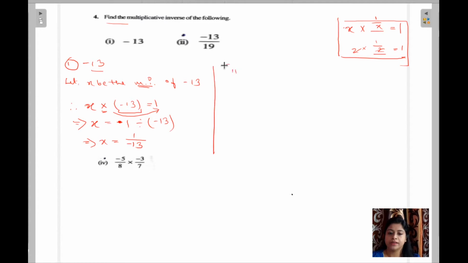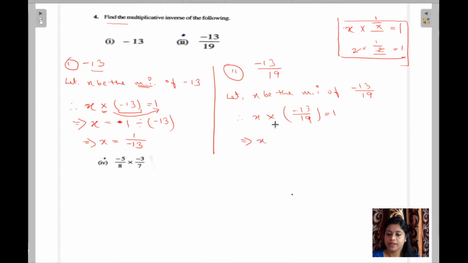Now number 2, minus 13 by 19. Again the same, let x be the multiplicative inverse of minus 13 by 19. So therefore same, x multiplied by minus 13 by 19 is equal to 1.